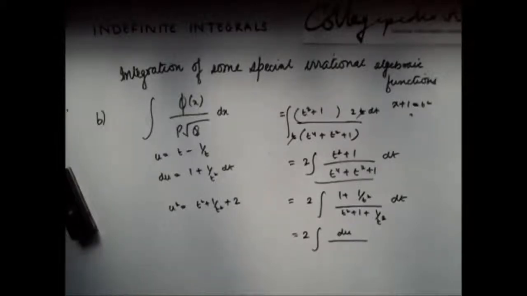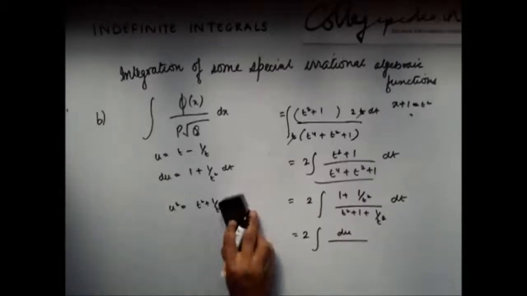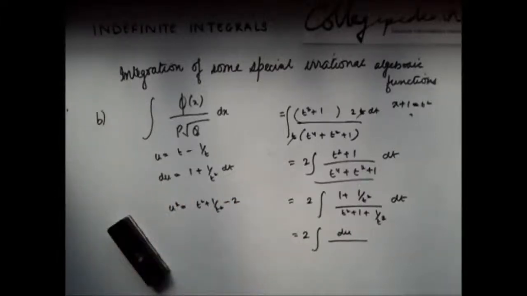If I square this, I'll get minus 2 here. So I can write this as t minus 1 by t whole square. So I'll get minus 2 here, so I need to get plus 1, so what I'll do is plus 3. Okay, this is similar to this. Now this we can write as du, and this is t minus 1 by t, that is u square plus root 3 whole square.